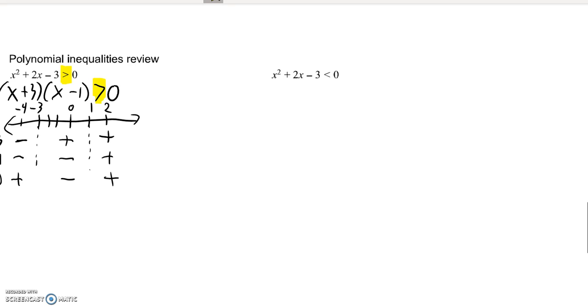Greater than 0 means positive. So we're looking for these two pieces of the puzzle. So x has to be less than negative 3, or x has to be greater than 1. In interval notation, everything from negative infinity to negative 3, not inclusive, union everything from 1 to infinity.